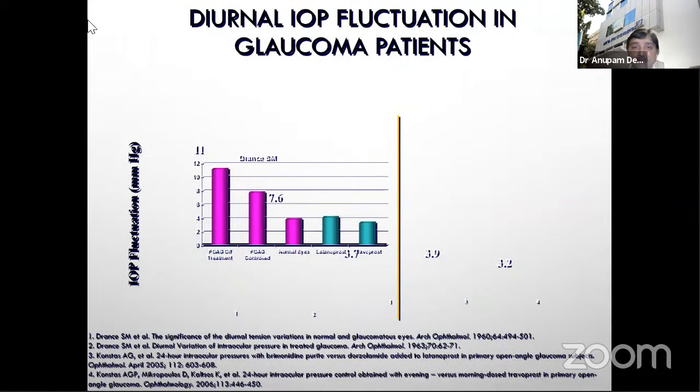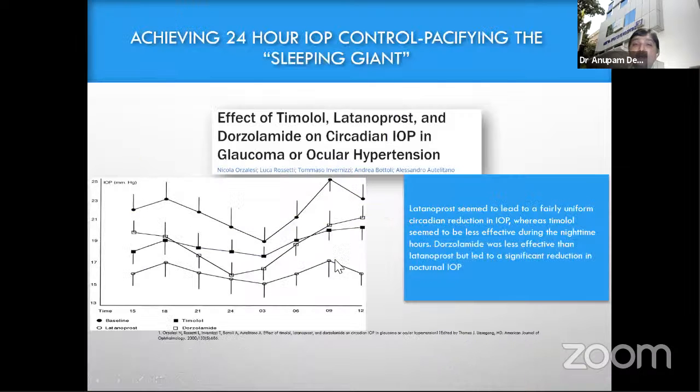Here you will see, this graph is uncontrolled glaucoma without any medication. This may be with timolol, but here there are large fluctuations. Here the fluctuations are not much controlled by timolol, although you might get a good pressure lowering effect. This is the normal IOP fluctuation or diurnal variation, and these are with prostaglandins.